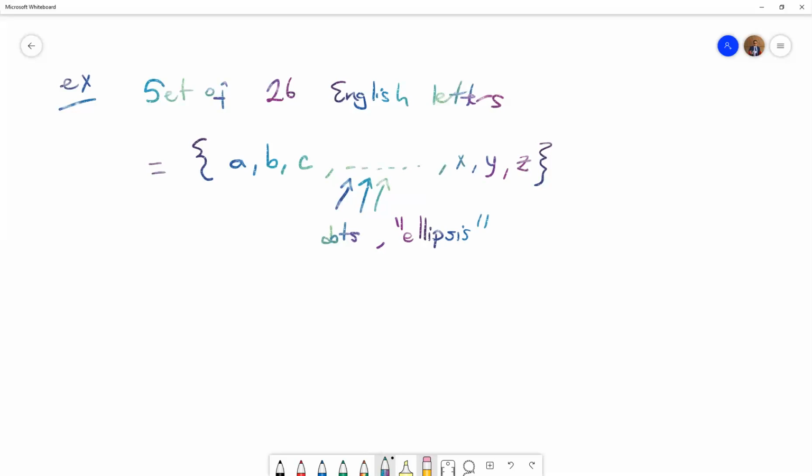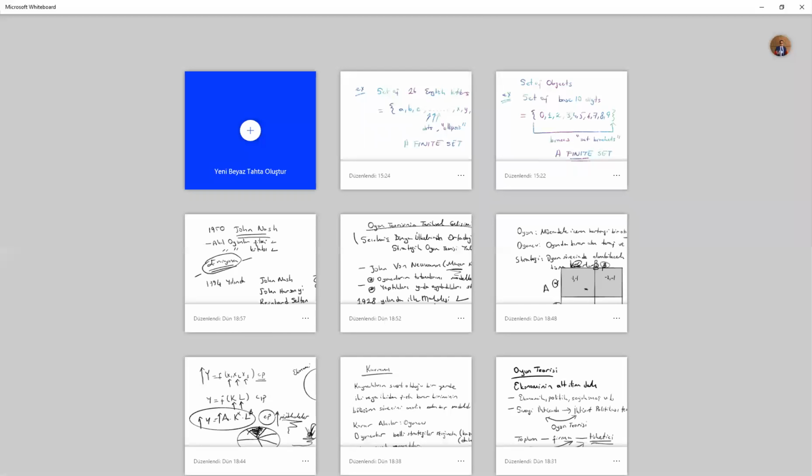This is also a finite set. We have here 26 letters, 26 elements. So we start with sets of objects. So next one.